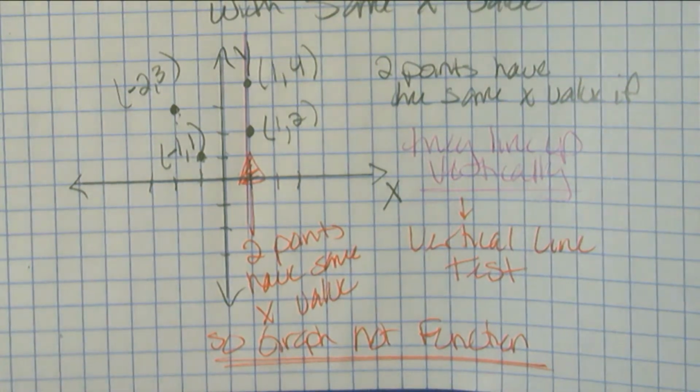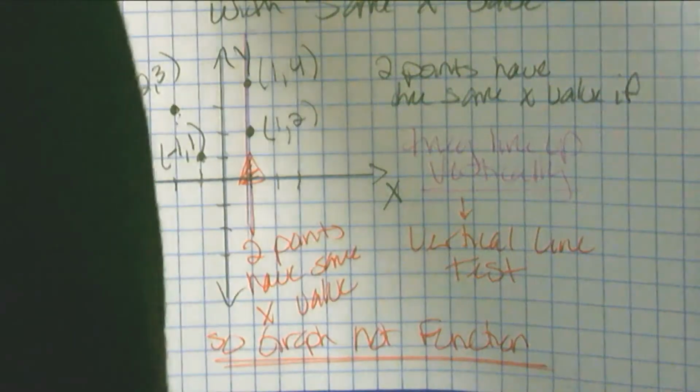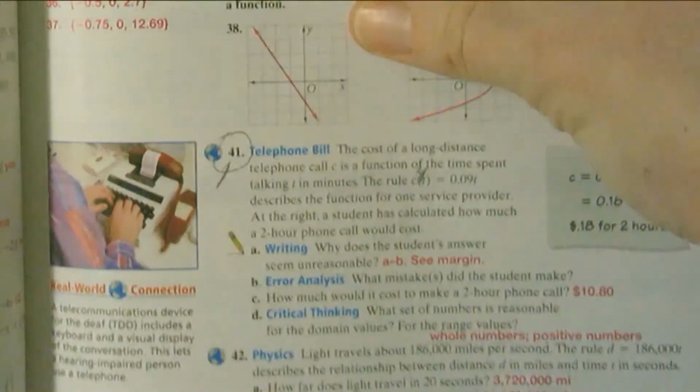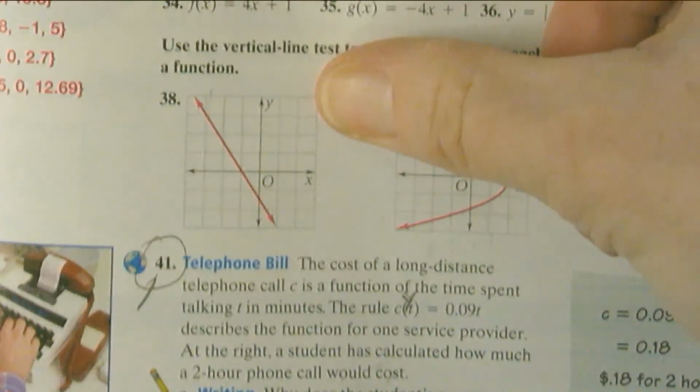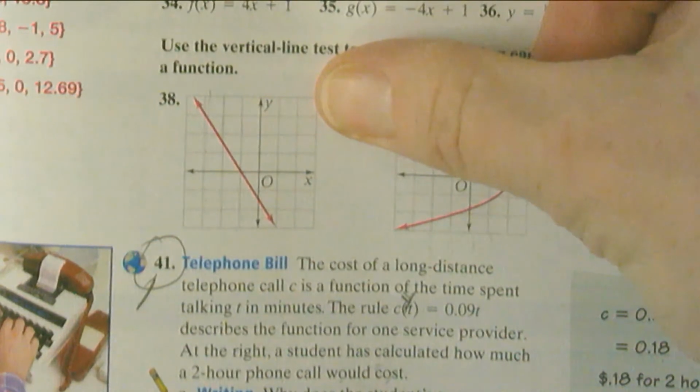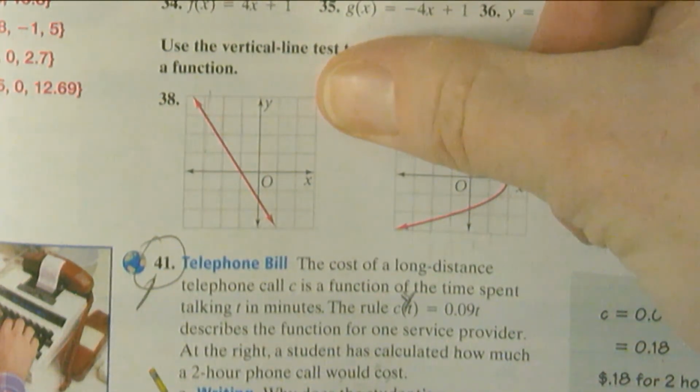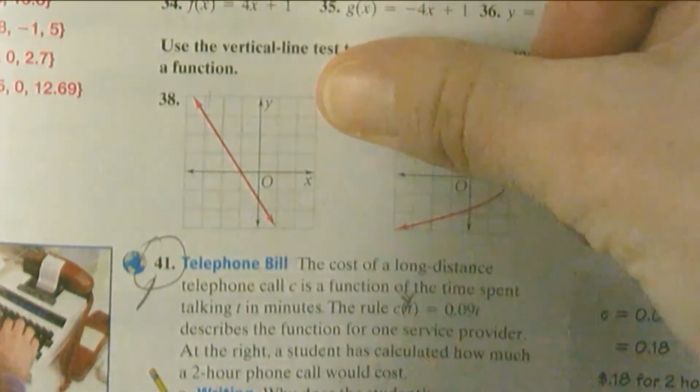Are you guys good with that? All right, I'm going to show you another graph, and you're going to tell me if it's a function or not a function. Take a look at number 38 here and tell me, if I was to use the vertical line test, is this a function or not a function? Think about drawing vertical lines on this.